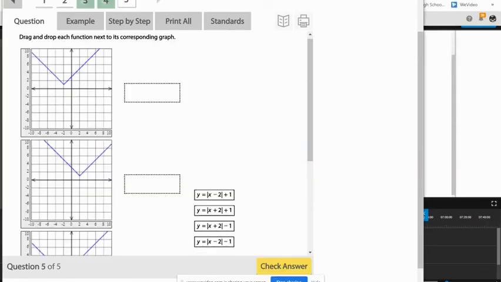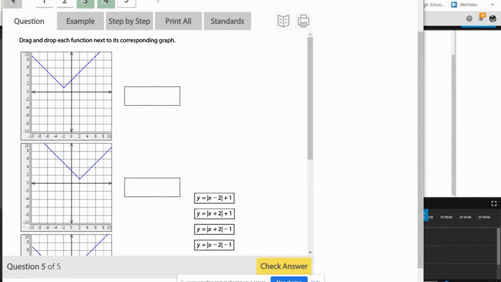Okay, the next problem is example 5, or problem 5 from the homework 2.1. And here they're asking us to match up the equations with the graph. So I see this first graph has shifted left 2 and up 1. So that would be this one, left 2 and up 1.